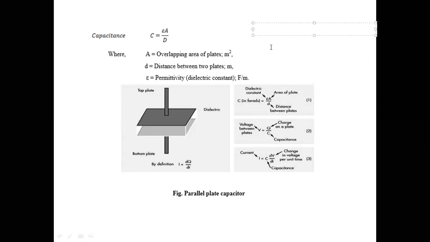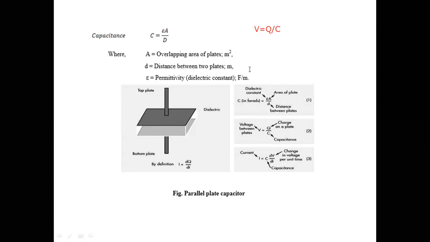Voltage V equals Q by C, where Q is charge and C is the capacitance, where C here is epsilon A by D. This is the voltage that is accumulated inside the capacitor.